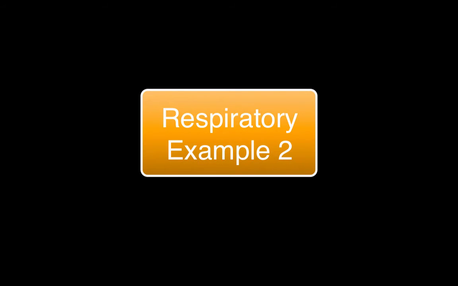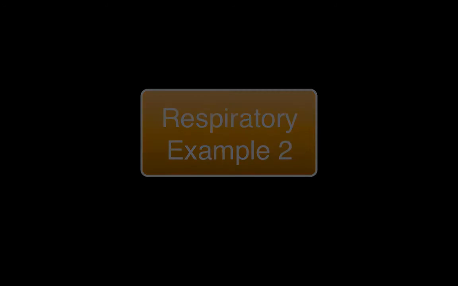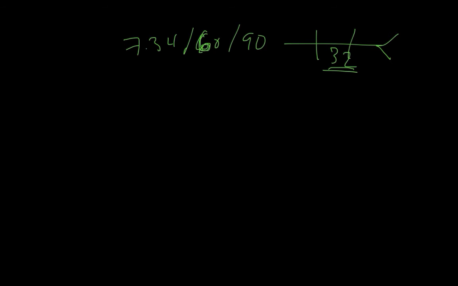Let's try another example, just to clarify how to pick out your numbers. So a person with COPD comes in with a blood gas of 7.34, 60, 90, and a chemistry that has a bicarb of 32. Now, is this 32 appropriate compensation for the amount of CO2 that this patient has?